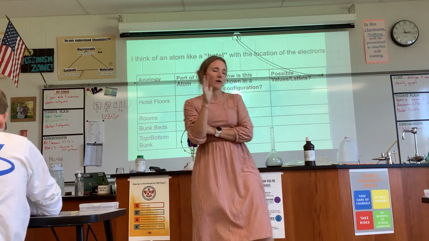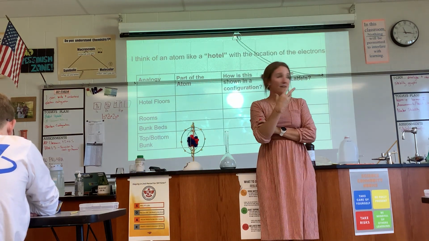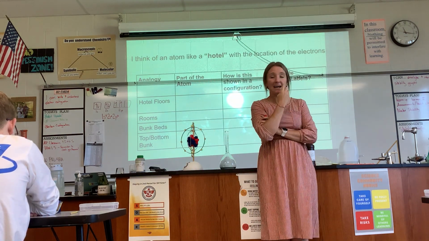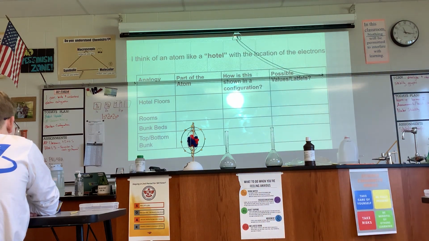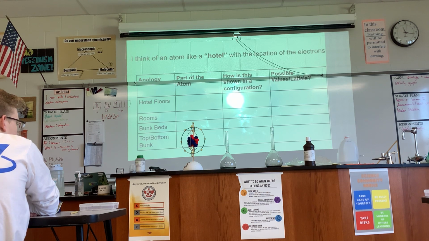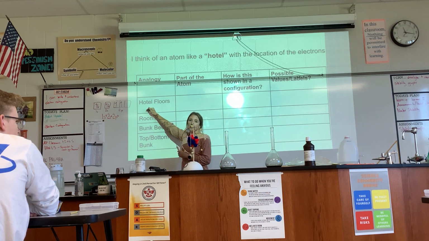So keep in mind, our goal is that if I have carbon, carbon has 6 electrons. And remember, the proton number is the electron number when the atom is not charged. We want to designate where those 6 electrons are going to check in to our hotel. The first thing we do when an electron checks in is tell them what floor of the hotel they're going to go to.